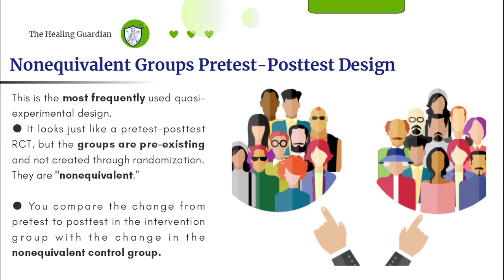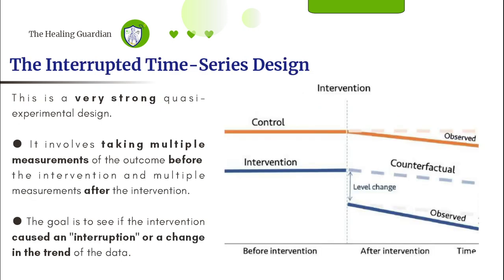You didn't randomize, you simply selected the existing groups that are already there, the parishes or the villages. You just choose one village to be the intervention, then another one to be the control. That is when it's called non-equivalent.